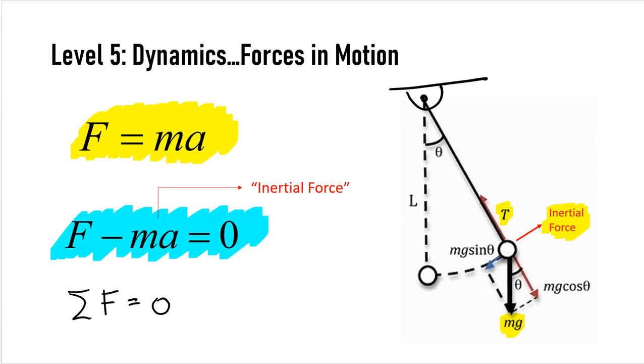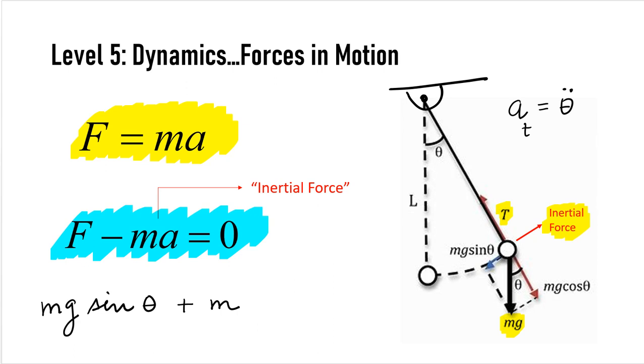So if you do that, let's say you write the equilibrium equation in the tangential direction. You have mg sine of theta, and then you write minus ma. Well, ma is going opposite to that, so you need to say plus m a, where the tangential acceleration is equal to the rotational acceleration times the length of the pendulum, right?